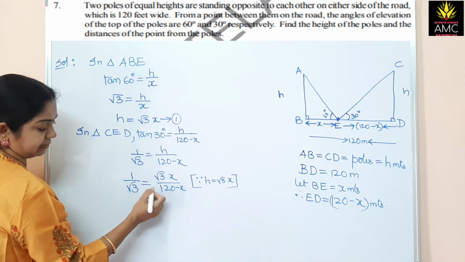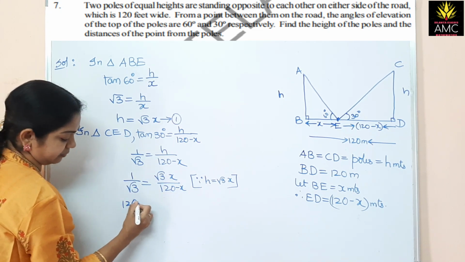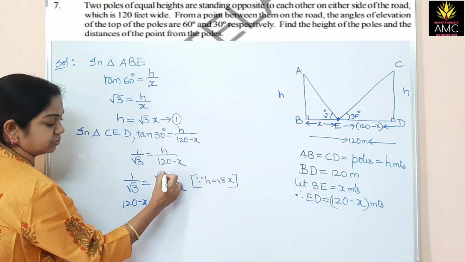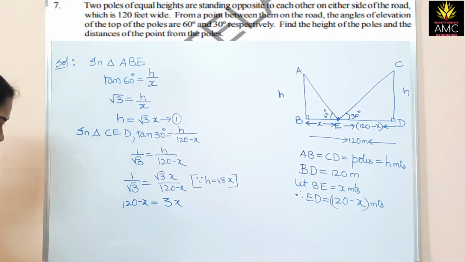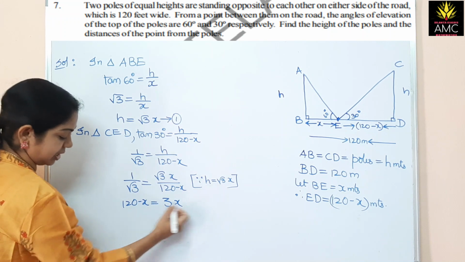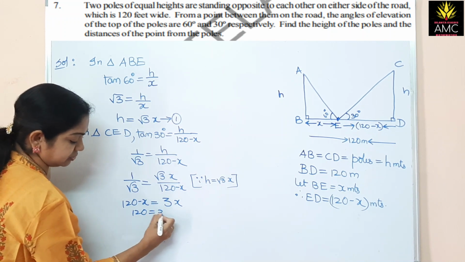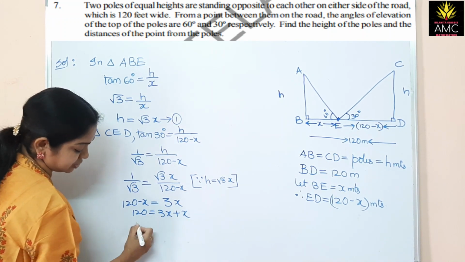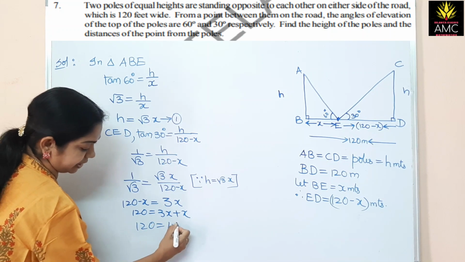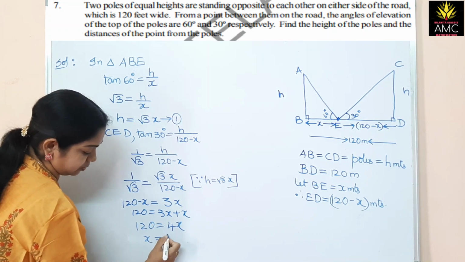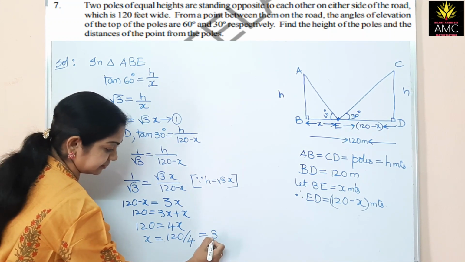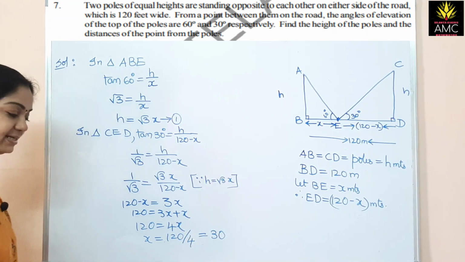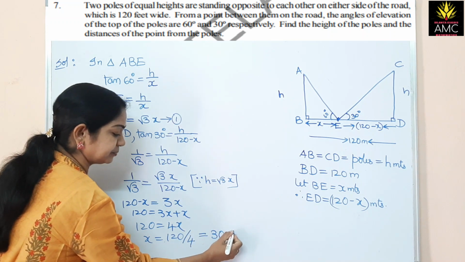Now, just cross multiply, it will become 120 minus X is equal to root 3x into root 3, which comes to just 3x. Now, shift this to the other side. 120 is equal to 3x plus X. So, 120 is equal to 4x. So, X is equal to 120 divided by 4. That comes to 30. So, X is 30 meters.